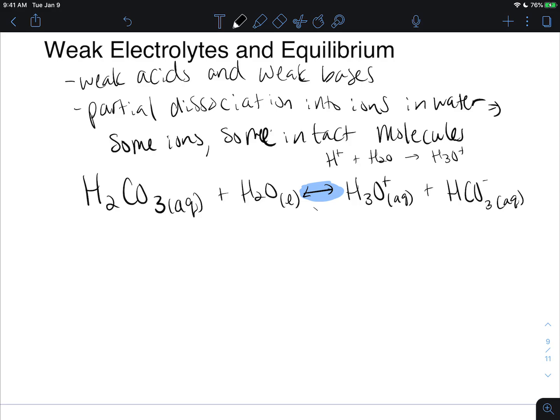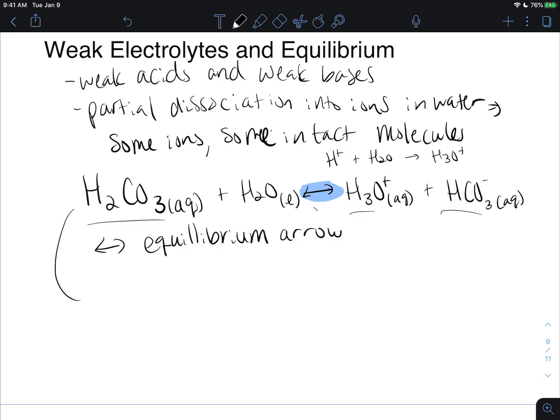This is an equilibrium arrow, which means that we have substances on both sides of the reaction. So we have some intact molecule, some ions. But it's going to go back and forth. Your reaction is going to go both ways, and it'll stay that way.